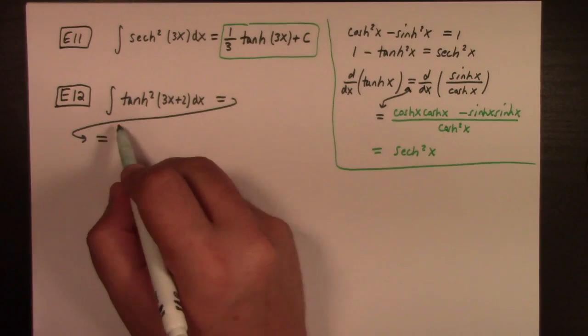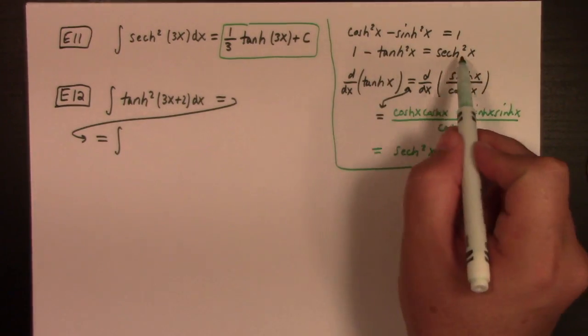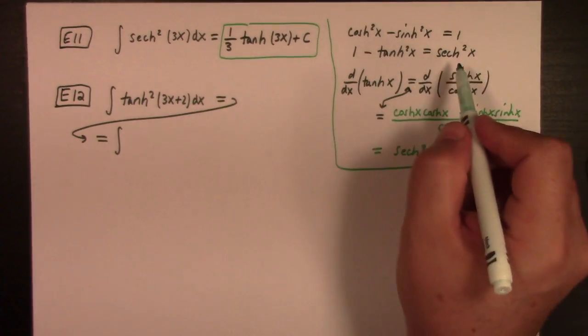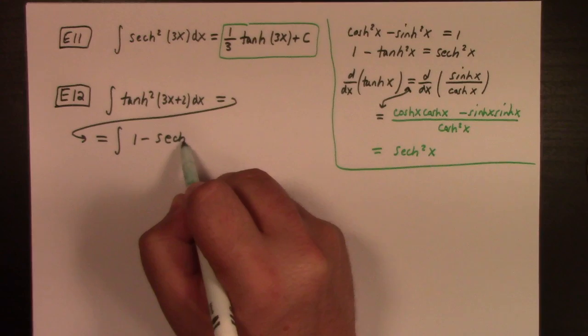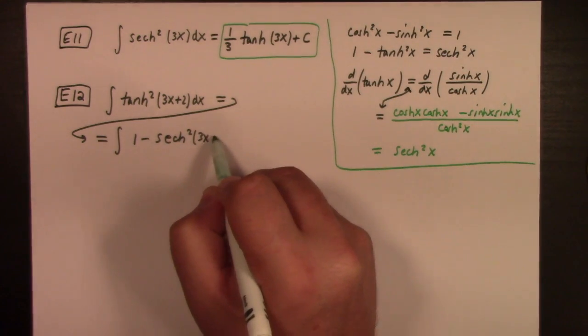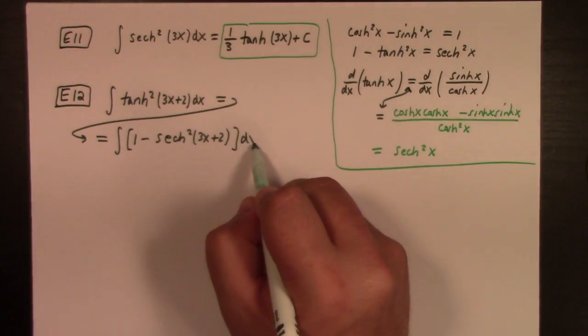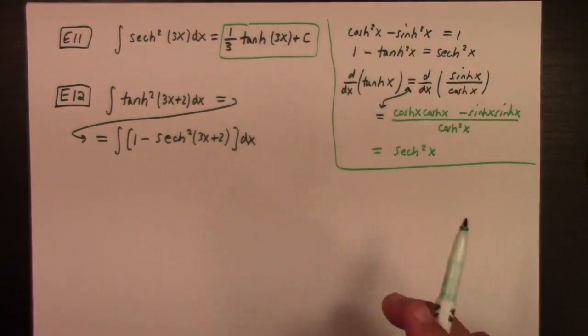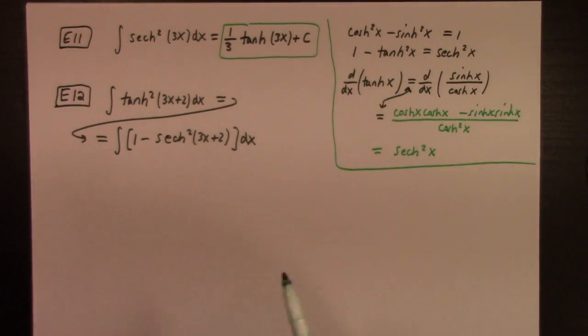Well, that would be the same as the integral of, let's see here, solve for hyperbolic tangent squared in my identity. You get 1 minus the hyperbolic secant squared of 3x plus 2, right? So that's by a little hyperbolic trig identity. I just solved this identity for tangent squared, and it gives me 1 minus hyperbolic secant squared.